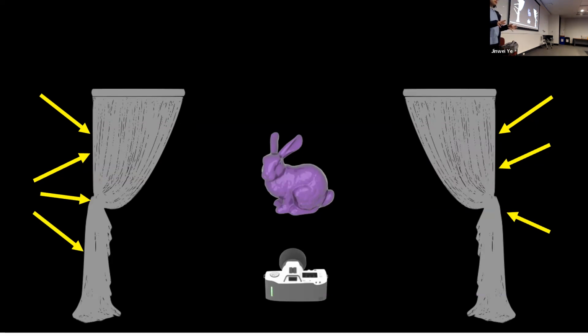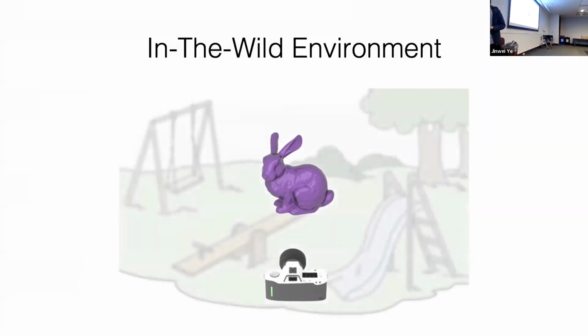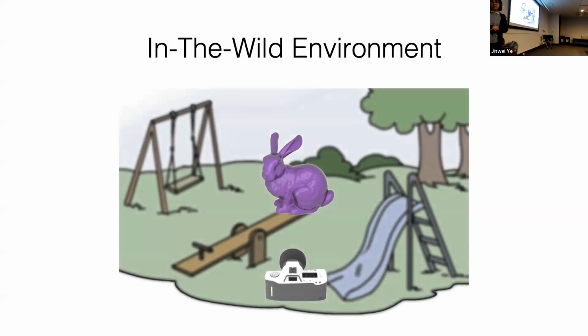But this is something we probably don't want for robotics applications, because for robotics you want the robot to go outside, to go any places. So we want to come up with a solution for the wild environment, which means we can also use polarization for 3D reconstruction in an uncontrolled environment, where we have light reflected from other objects in the scene.